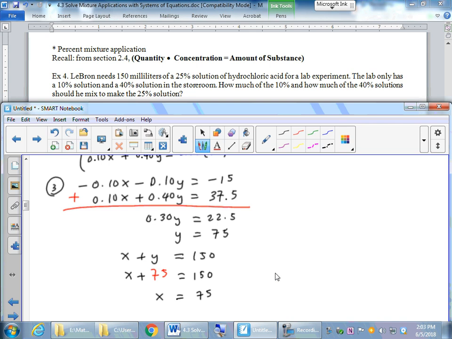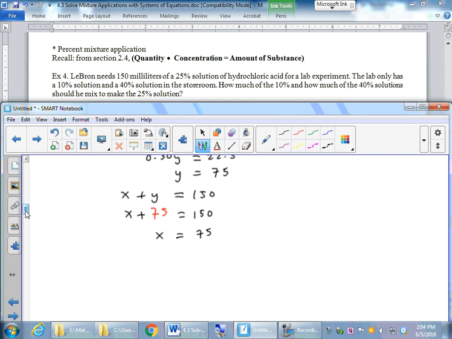So we need the same amount of those two together. So finally, the interpretation, step 4: we need 75 milliliters of each type. So that will be my final answer for this problem.